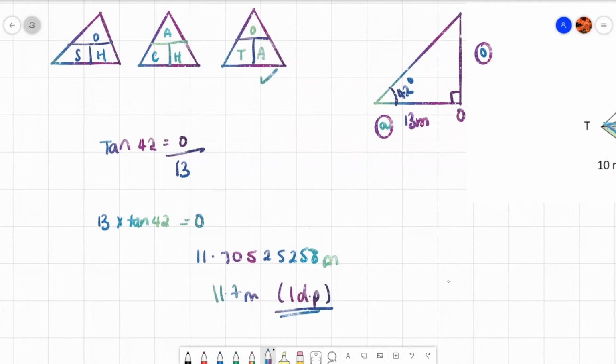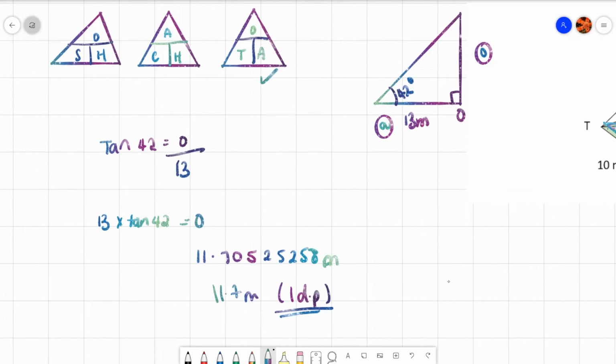So these were some example questions to do with 3D trigonometry. The questions were taken off Whiteboard Maths, and the first question was taken off TES from another member of staff who creates resources on there. So these questions were taken off various places to show you as examples.